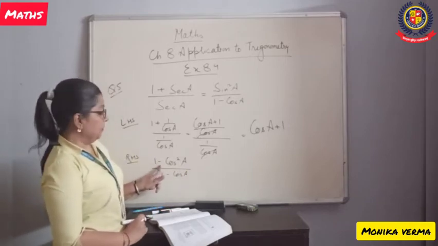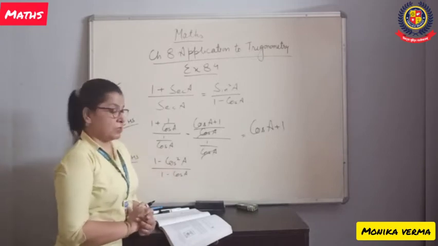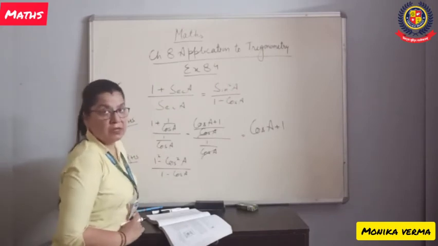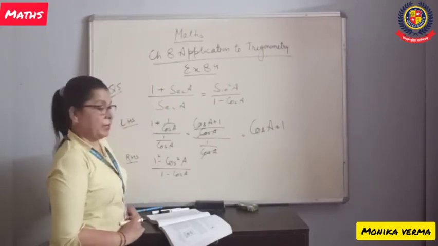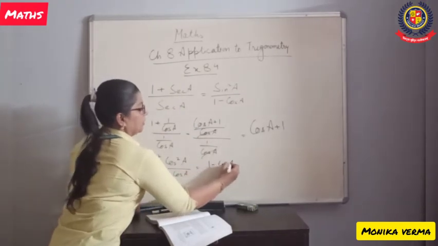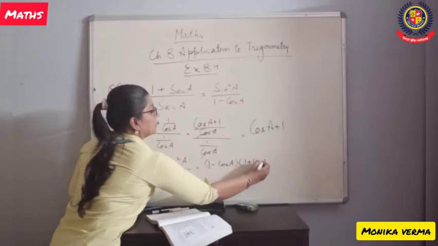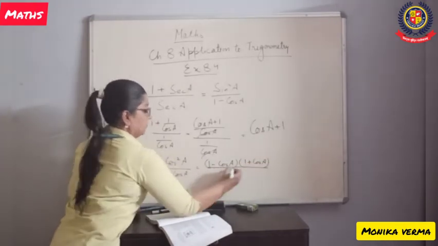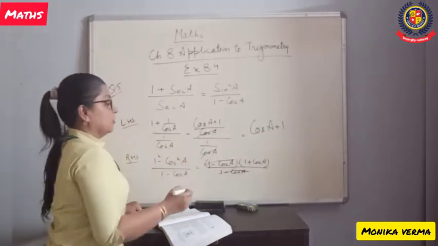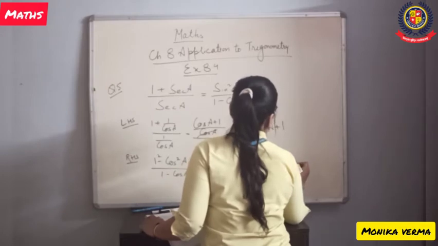Similarly, 1 minus cos square A means 1 minus cos A, 1 plus cos A, because we can take it as A square minus B square, so A plus B, A minus B. We will take it as 1 minus cos A, 1 plus cos A. And here we will have 1 minus cos A. It will cancel. So, we will get 1 plus cos A.